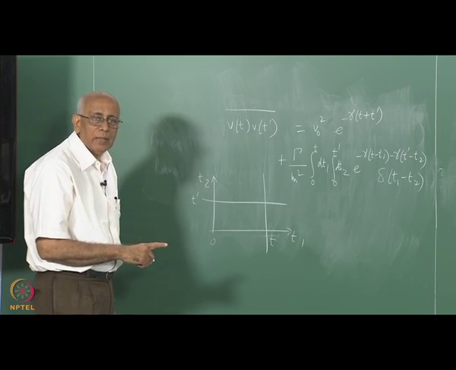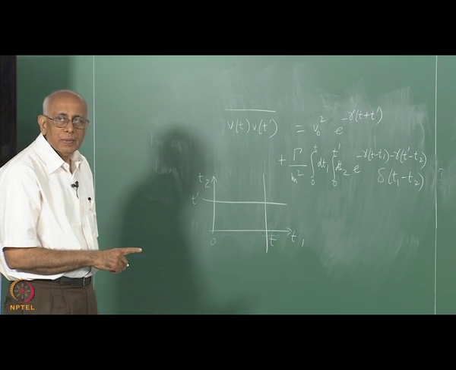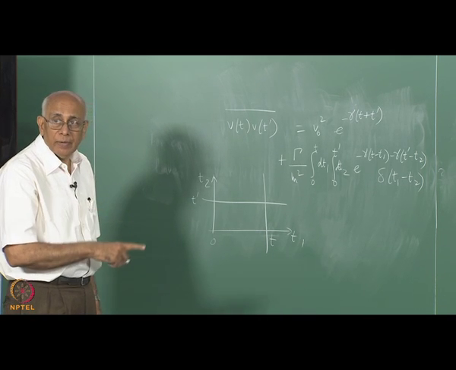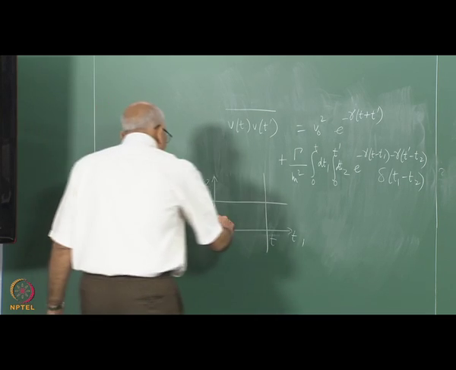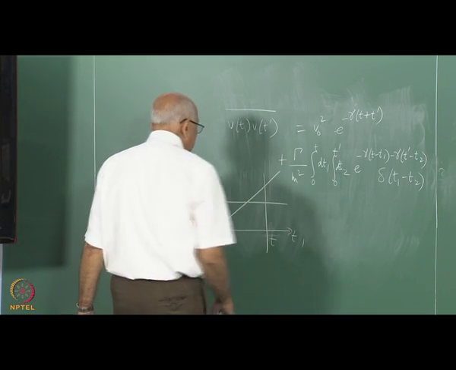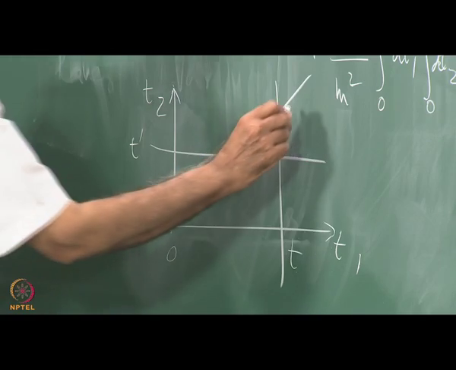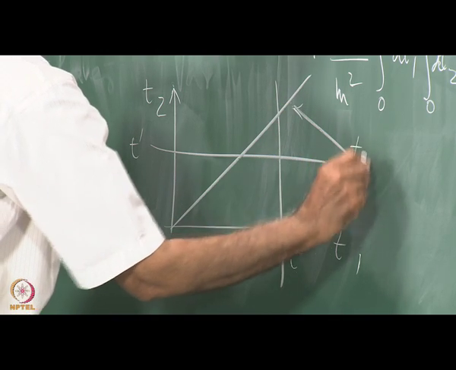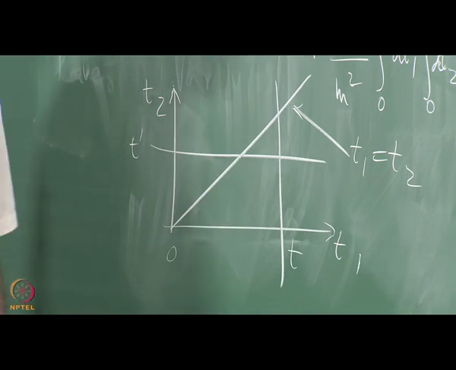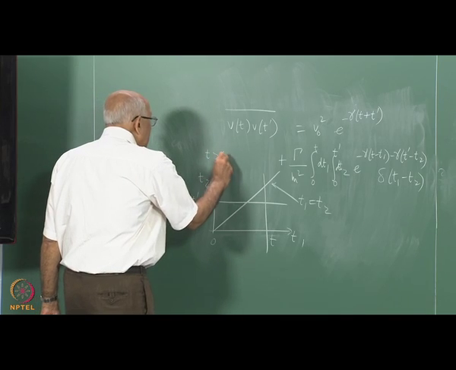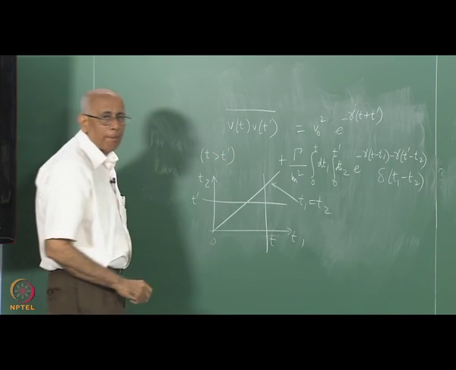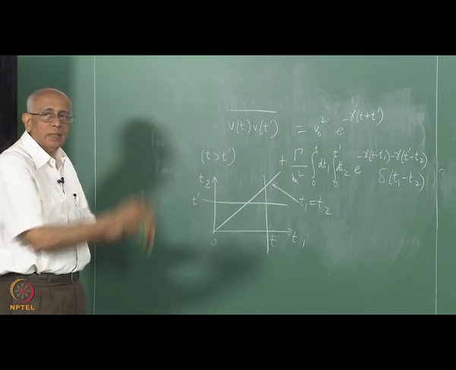The delta function. And where does that fire? On a line which is at 45 degrees. So it clearly fires on this line. This is the line t1 equal to t2. This is the case t greater than t prime. Otherwise the rectangle is upwards.